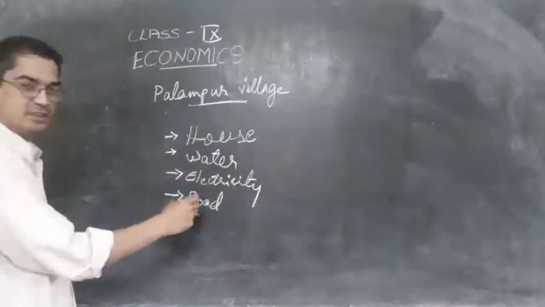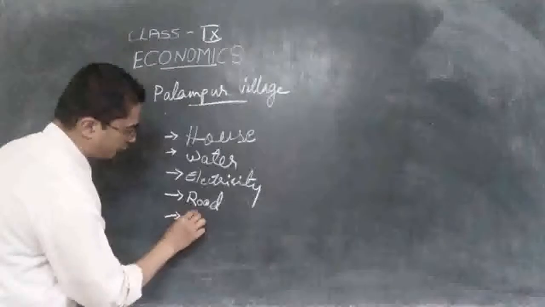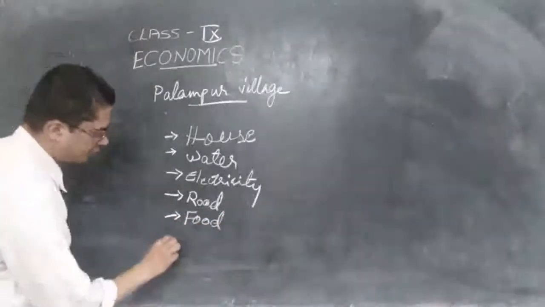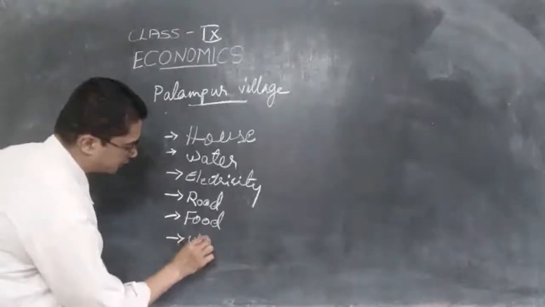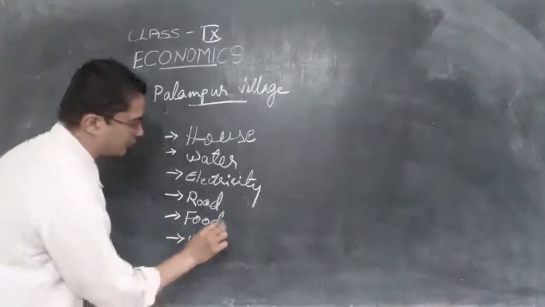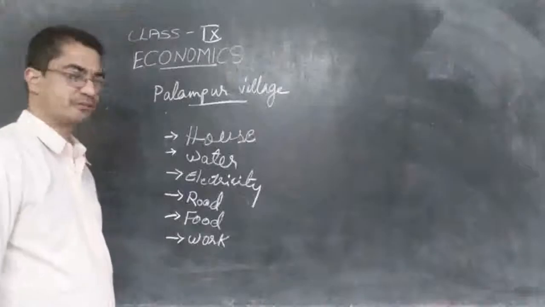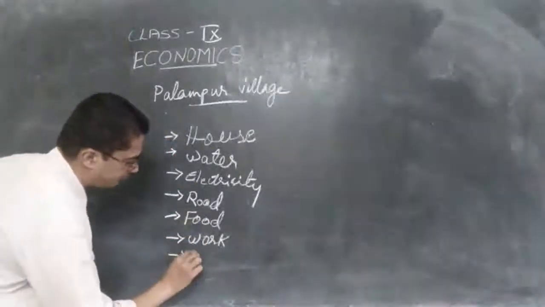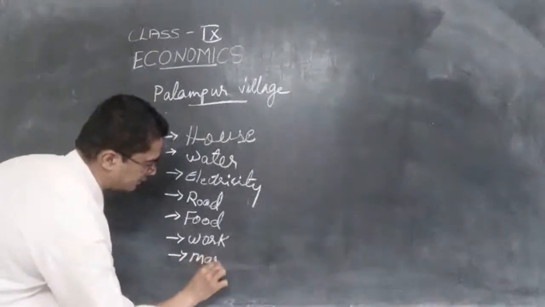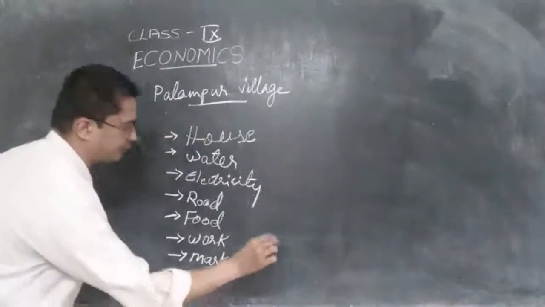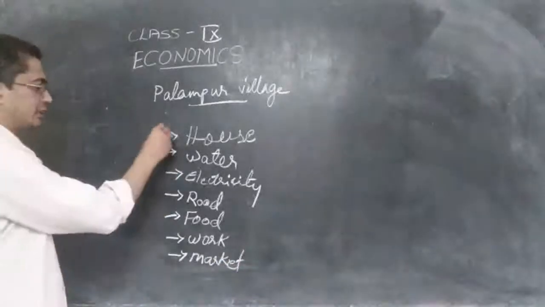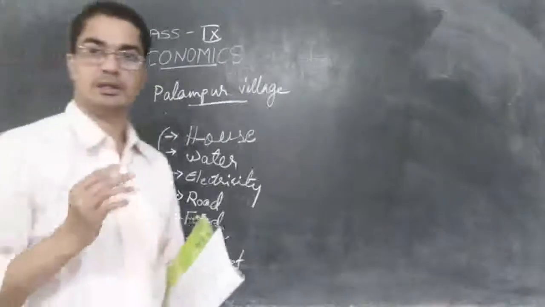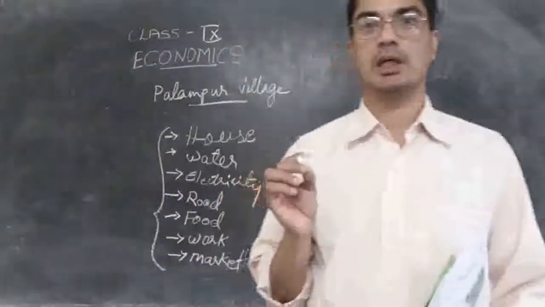And more than all these things, other thing that we need is food. Then we need work. If you don't do work, we won't get money, isn't it? Then we need a market for buying the necessary things, and for this we have to go very far away. So these are some of the things that we need in order to say that my village is developed.